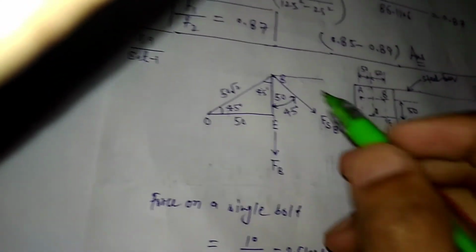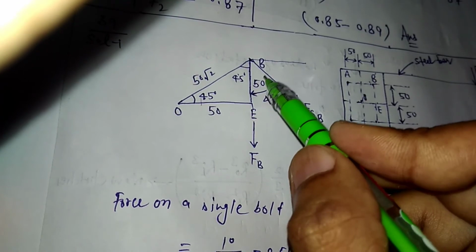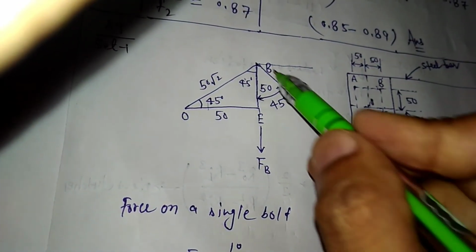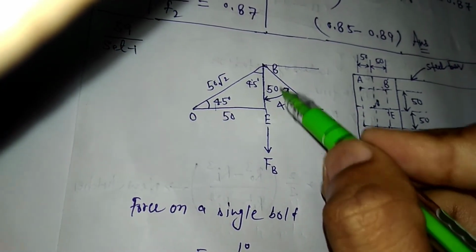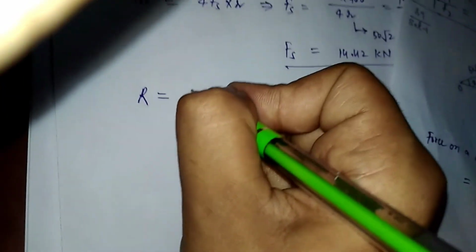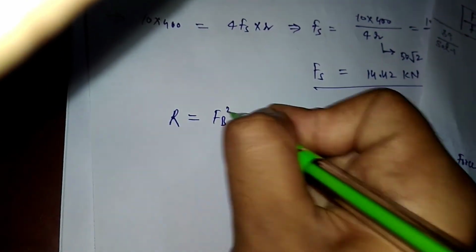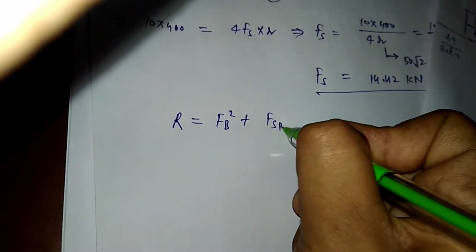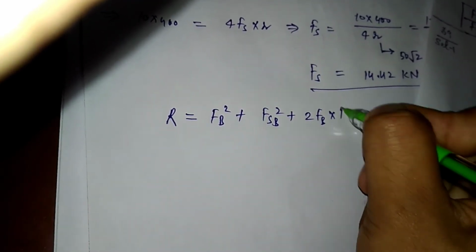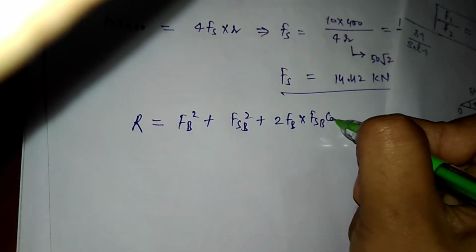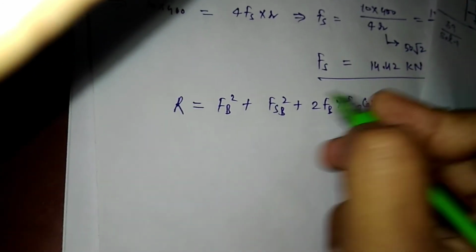So now we have to calculate the resultant shear load on bolt B. The resultant force will be equal to the root of FB square plus FSB square plus 2 FB into FSB into cos 45.